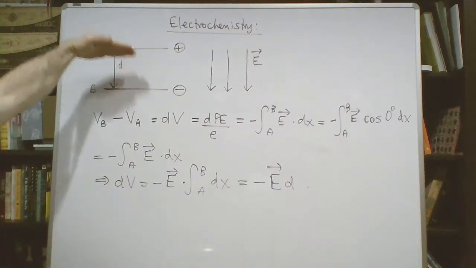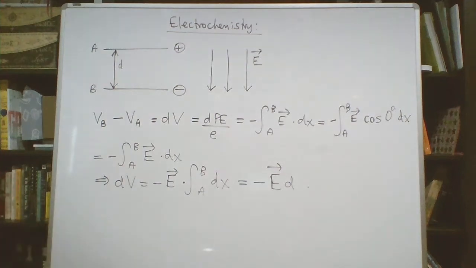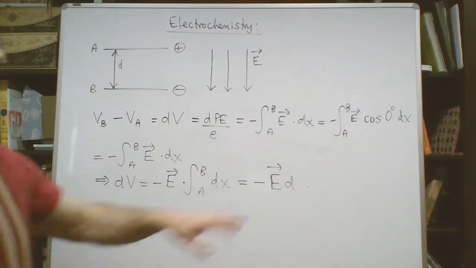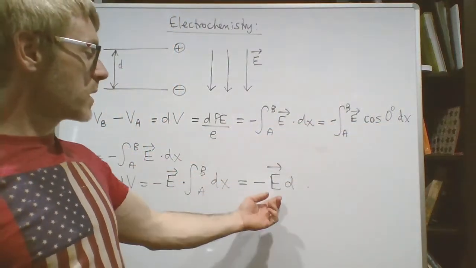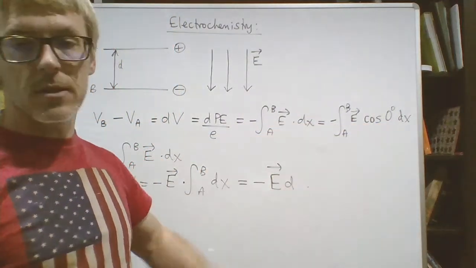It's the change in position, which was represented by dx. So we've concluded that this angle is irrelevant now, so we can go ahead and collapse the dot product into just the regular product.